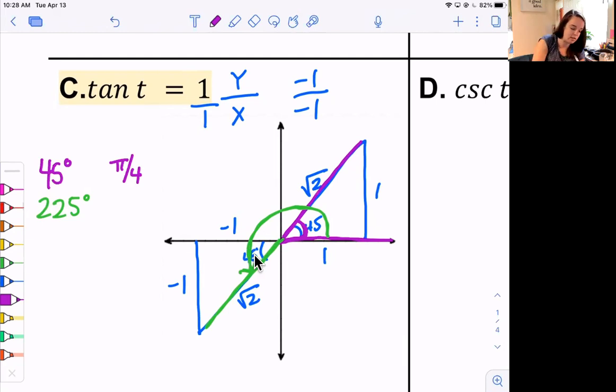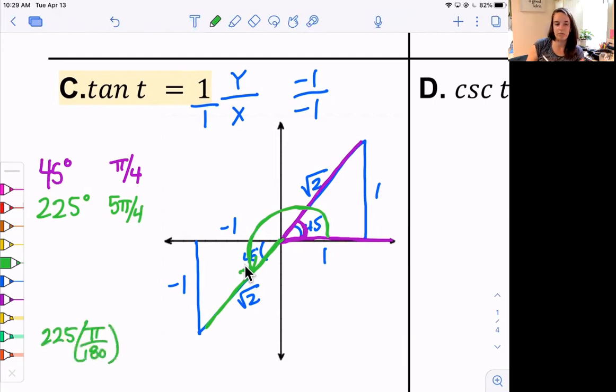So that's how I know that this is 5 pi over 4. There's 1, 2, 3, 4 of them on the top, and then a 5th one on the bottom here. Again, if you're feeling like, miss, I don't know what you're doing there, you can do this version here, and then just simplify 225 over 180.